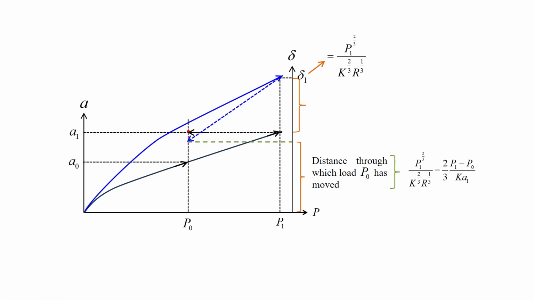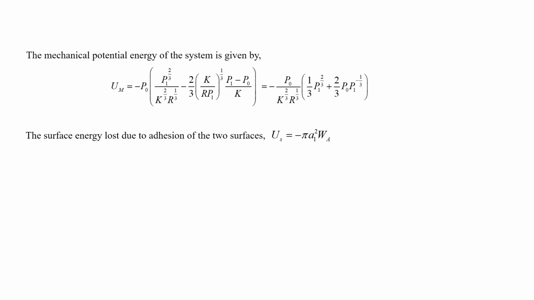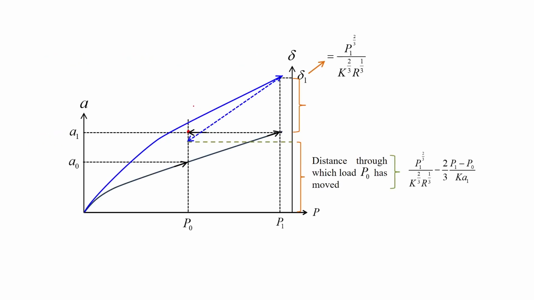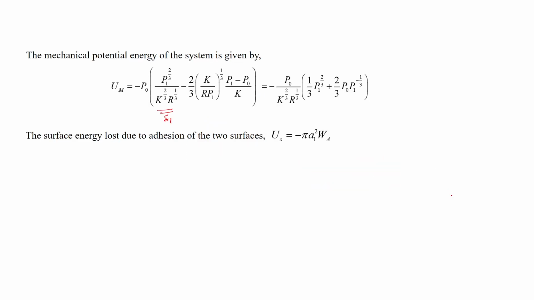Therefore, the mechanical load potential energy will be this quantity, first of all delta 1, and then this quantity which is the decrease from delta 1 to delta 2. So, the total distance that this travels is given by the whole thing.